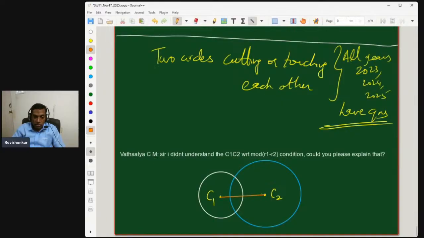Clearly C1C2 is less than R1 plus R2. So that much is clear, no? Because this is R1 and this is R2. But less than R1 plus R2 can mean many things.